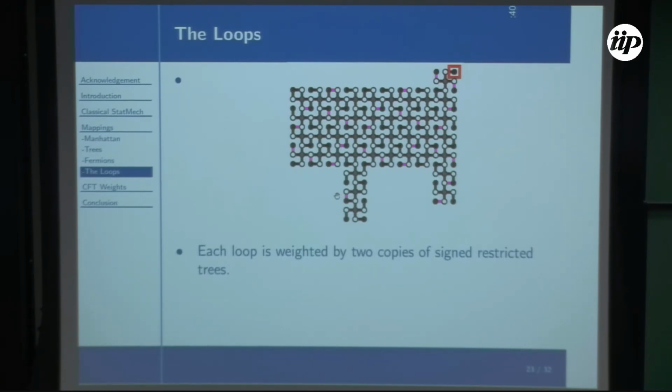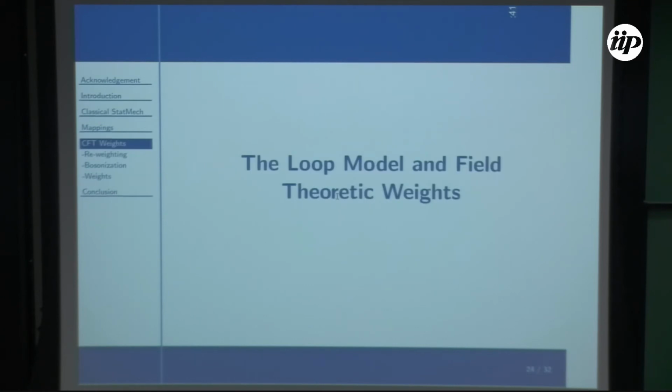And we have to weigh the loop correctly, so we have to take account of the sign, which means each dimer that lives on a magenta link has a minus sign, and we have to include that in the matrix K, which is a simple procedure.